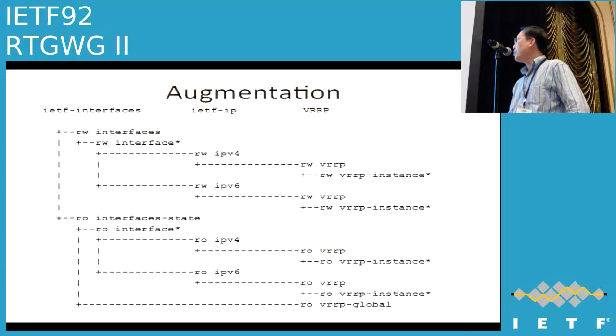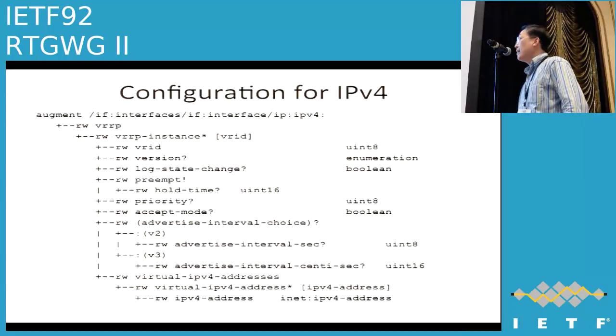Here, on each interface, in this case IPv4, we can define a list of VRRP instances. That little star after the instance means that we can create multiple instances on it. The key for that is the virtual router ID, so that on one interface we can define multiple instances.